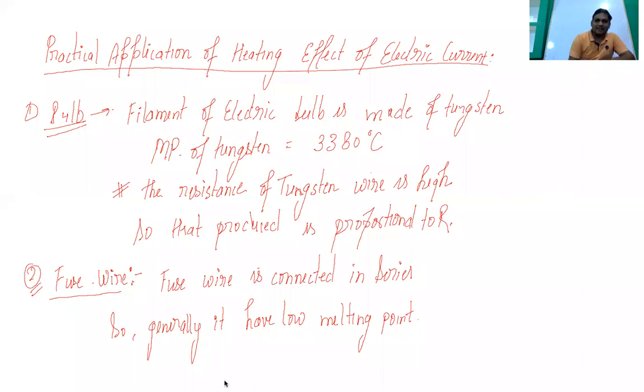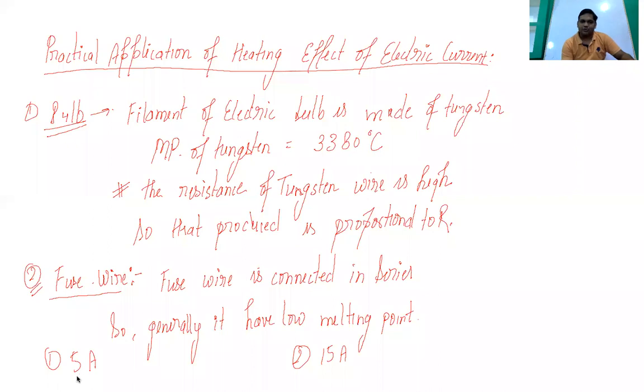Note down one thing: there are two types of circuit. Some circuits have 5 ampere current and some power circuits have 15 ampere current. So we can't use the same fuse in two different conditions.